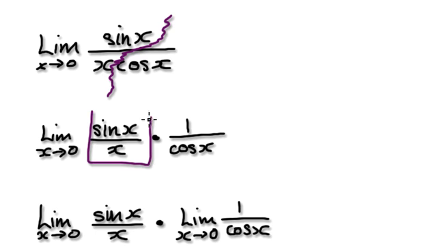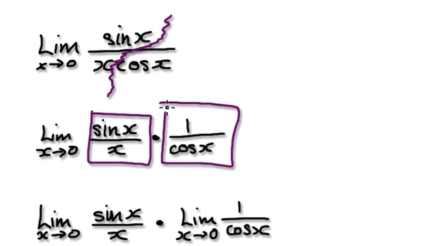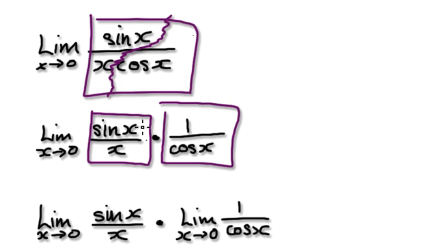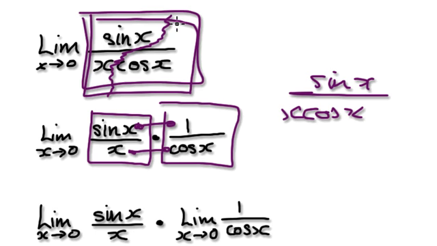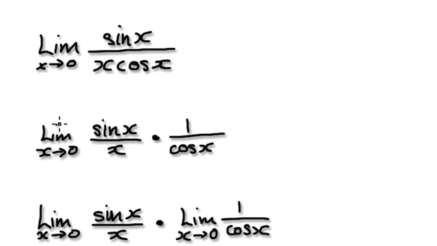So you've got one fraction here and another fraction here. When you multiply these two fractions together, it will indeed give you this, because look, top times top will give you sine x, and then bottom times bottom will give you x cos of x, which is the same as this.